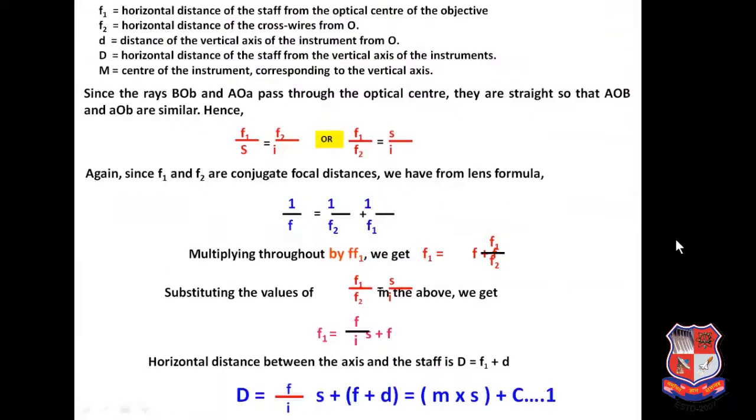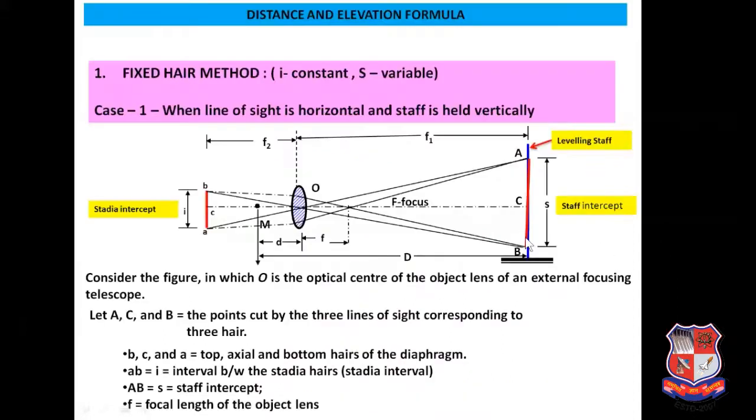By applying the principle of the tachyometer, first in this triangle, perpendicular distance upon base. So in triangle capital A, capital O and capital B, the perpendicular distance is F1 and the base is S.